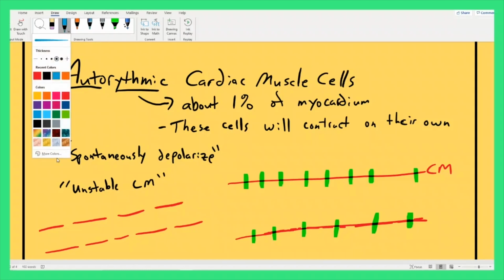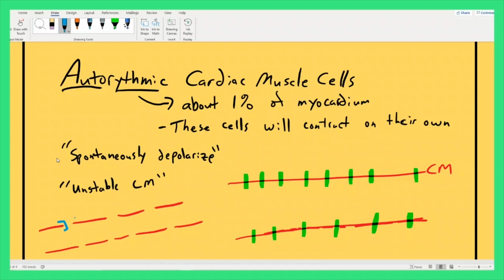Let me try to draw this in so it makes some sense for you. Do you remember from back in 223 a discussion of non-gated ion channels like we would find in a gap junction that we just talked about? Well, these autorhythmic cells have non-gated sodium channels as part of their cell membrane, more than other cells have.